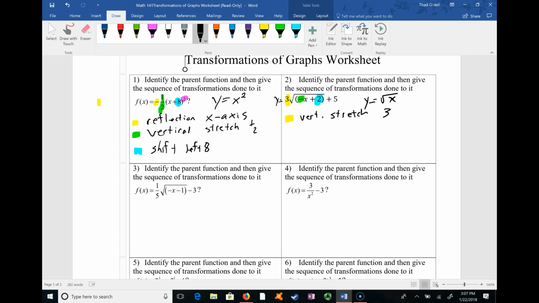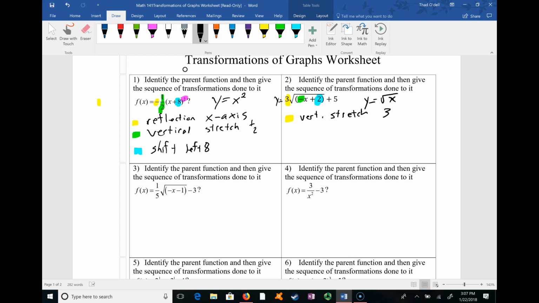Now, on the inside, we have to be careful with this because we have to make sure it's in the right form. If there's a reflection and a shift going on in the inside at the same time, then what I need to do is factor out the effects of the reflection. So right now there's a -1 there.